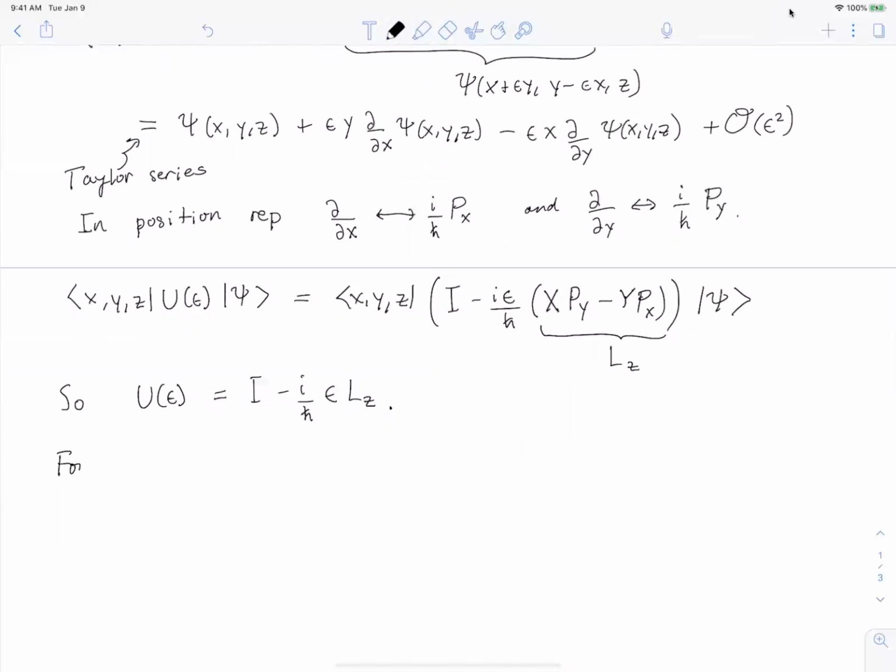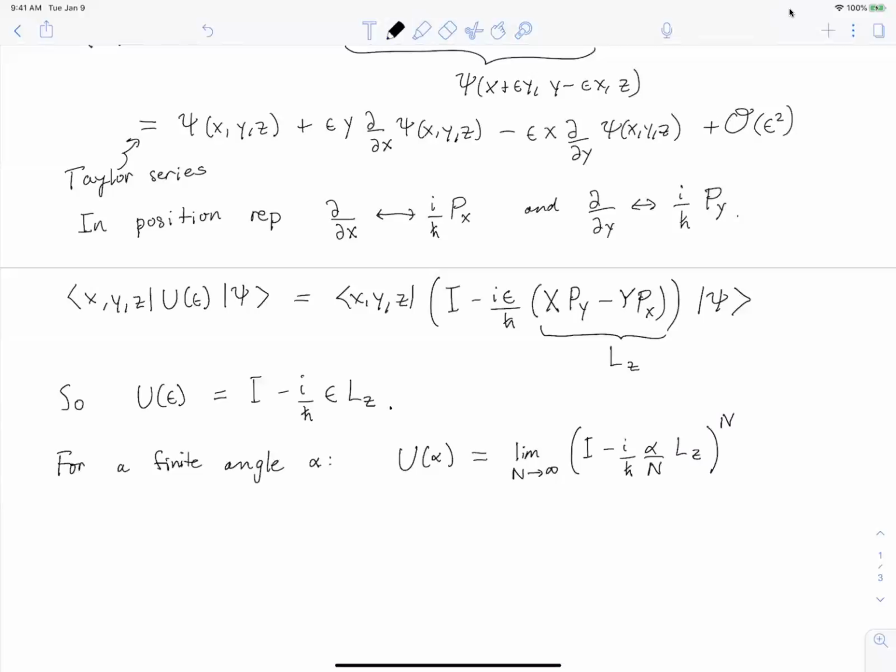So for a finite angle alpha, the operator U of alpha is what you get when you do this same thing for epsilon a large number of times. So we're going to take the limit as capital N goes to infinity of the identity minus i over h bar alpha over n times L sub z, to the nth power.